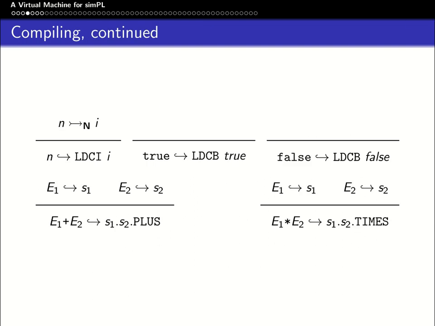So let's look at these rules, which we have seen before, right? So the first one is a translation schema, rather, right? It's an infinity of rules there. If small n is a numeric constant, and when I say n as a numeric constant, I mean the sequence of digits, right?